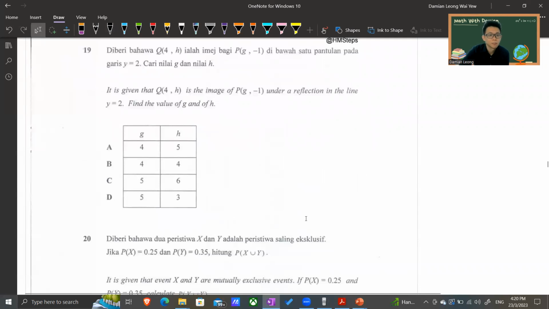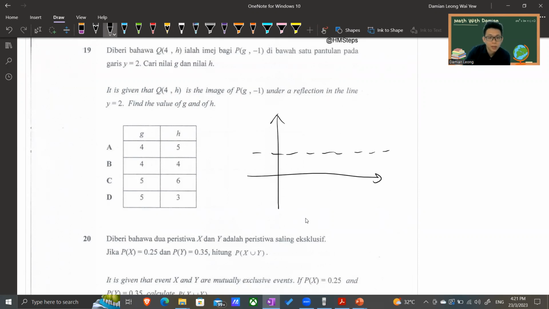Question 19 is given point Q is the image of point P under reflection in the line y equals 2. Find the value of G and H. Okay. So you can kind of sketch it out. When I have line y equals 2, I reflect it.